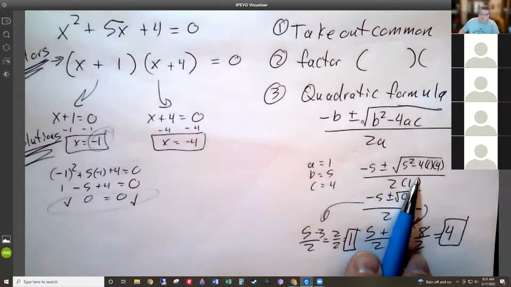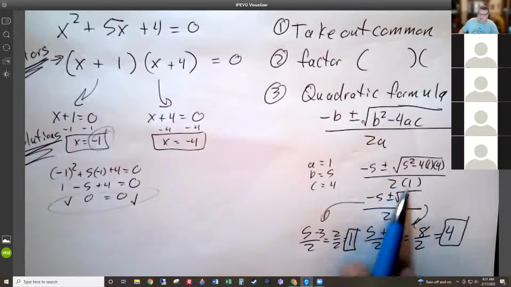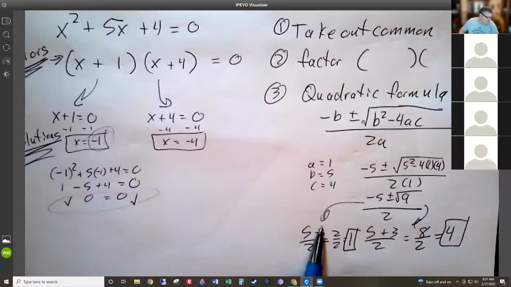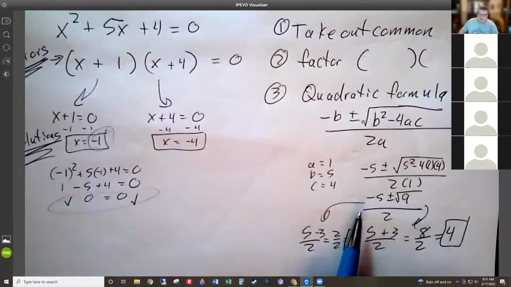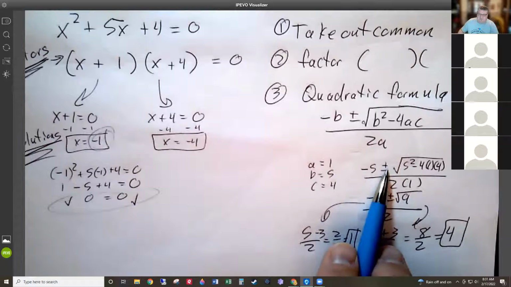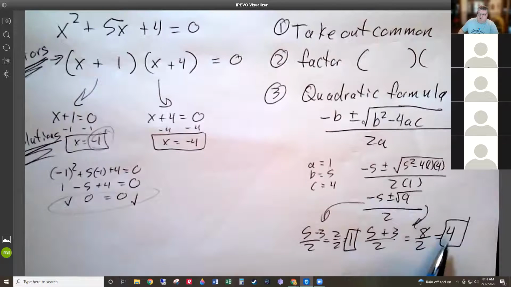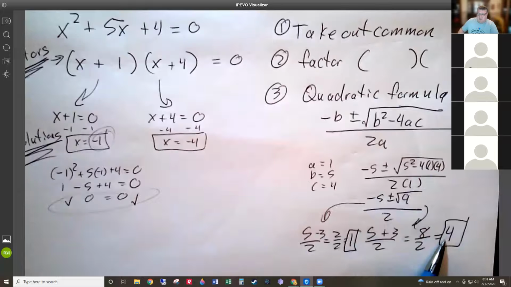Plugged them into the quadratic formula. Get 25 minus 16, that's 9. Square root of 9 is 3. So 5 minus 3 gives 2, because you have the minus version, and 5 plus 3 because you have the plus version. So you get 2 over 2, which is 1, and 8 over 2, which is 4.